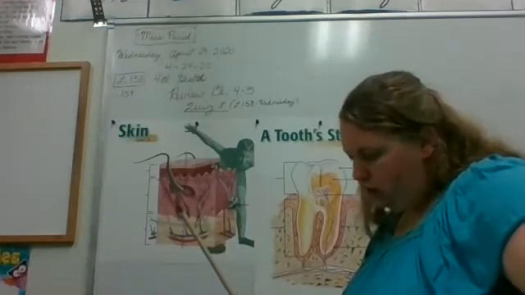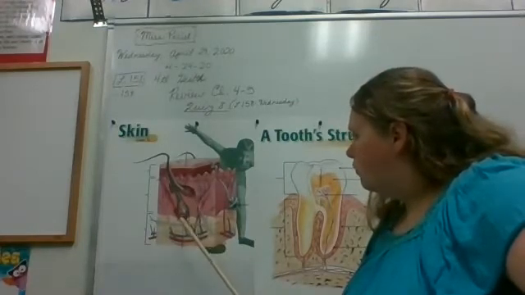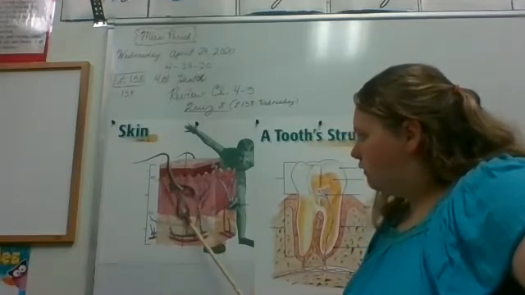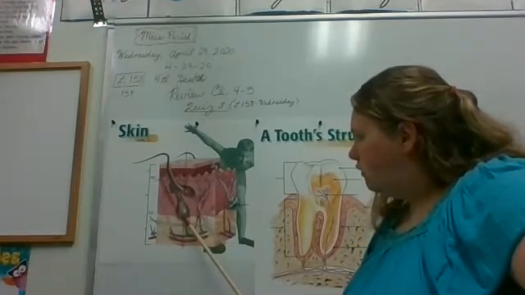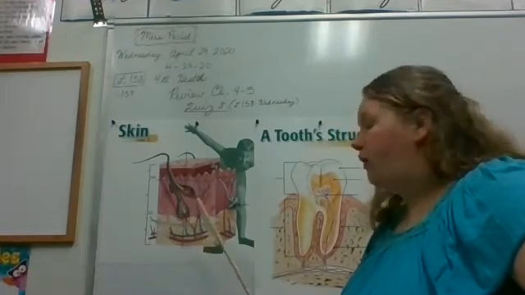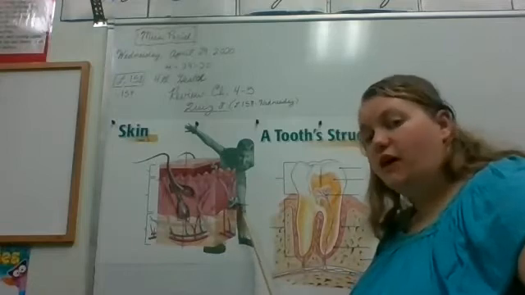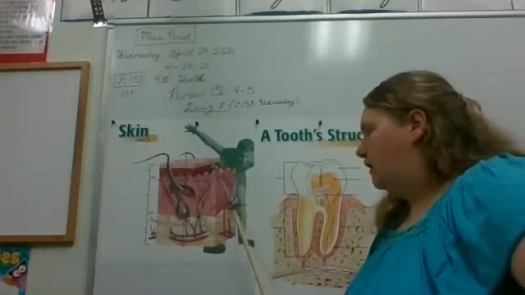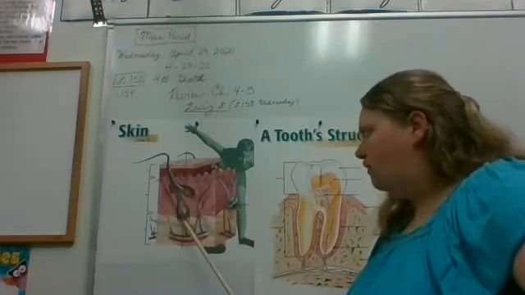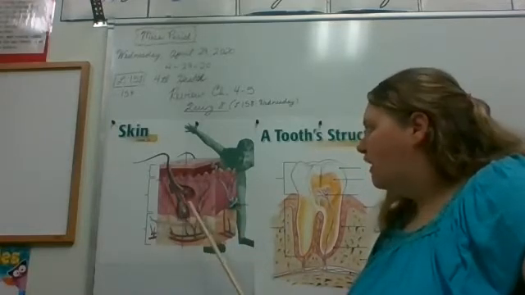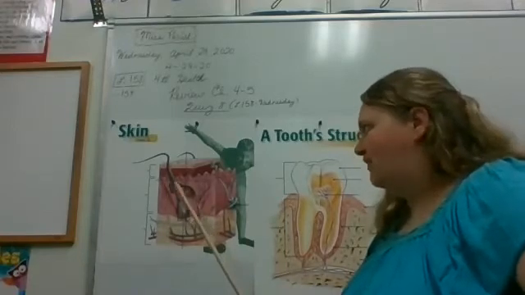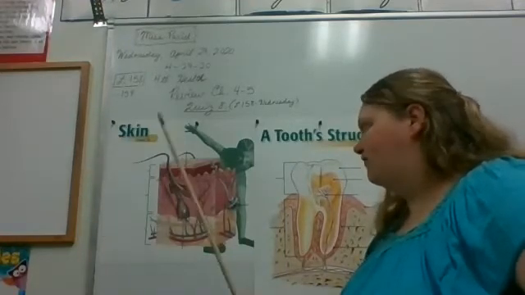What is this? This one's your hair follicle. I got this one wrong, guys. This is your sweat gland, and sebaceous is not the name for it. It's just a sweat gland. All right, sorry. Sweat glands are there. This is your hair follicle. And this one is what? Your sebaceous gland. Okay, if you were catching on to what I figured out.